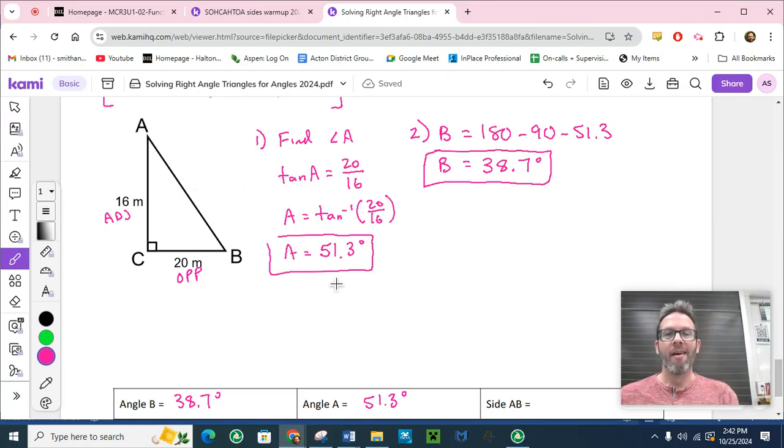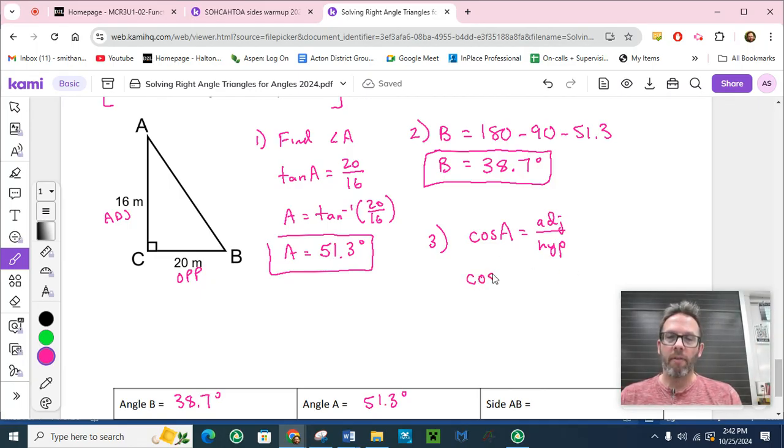Check this out, guys. I'm going to find the third side using SOHCAHTOA. I'm going to pick angle A to work with. I know that the cosine of angle A is equal to adjacent over hypotenuse. I know you guys use Pythagorean theorem. I'm just doing something different.